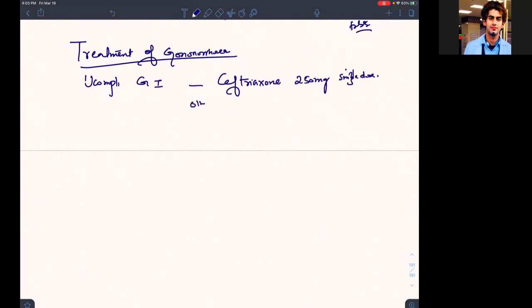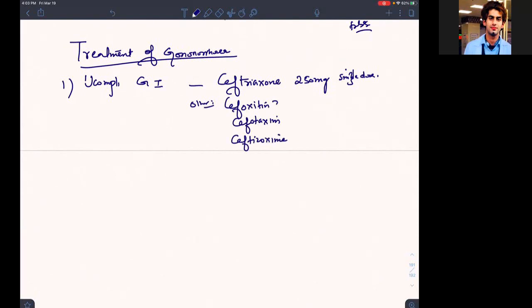Other drugs you can give in uncomplicated gonococcal infection are cefoxitin, cefotaxime, and ceftriaxone.